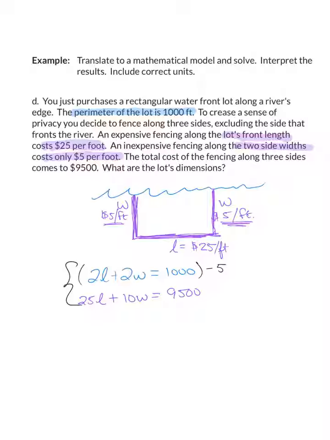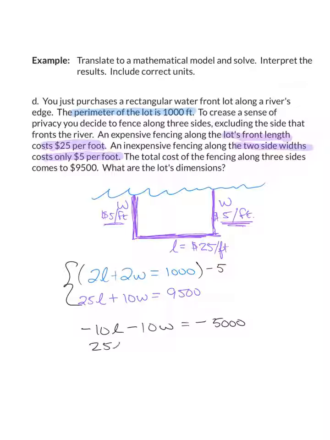So if we multiply every term by -5, we get -10L minus 10W equals -5,000.